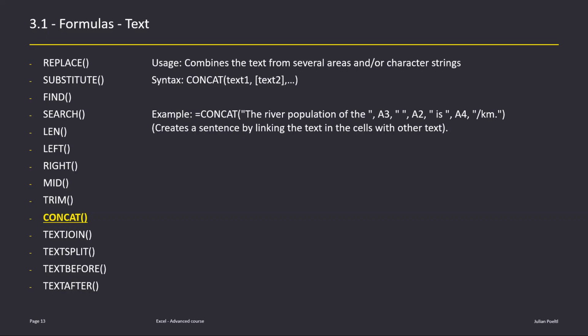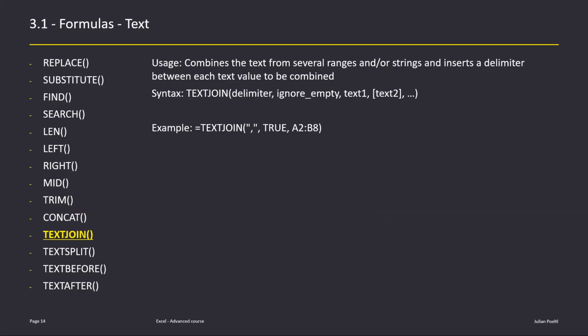You can create sentences by concatenating the text parts there. With TEXTJOIN, you can do the same as with concatenate, but the text will not be thrown together. It will be combined with a delimiter between the text parts.